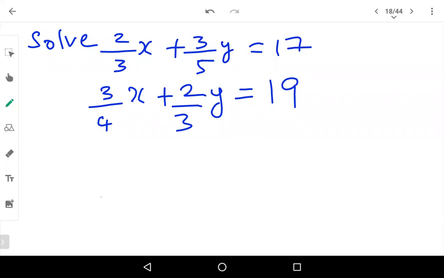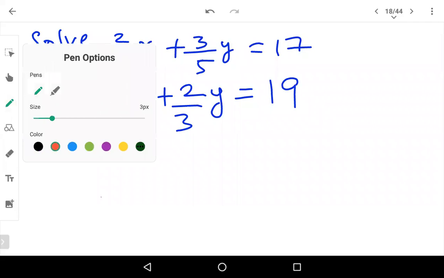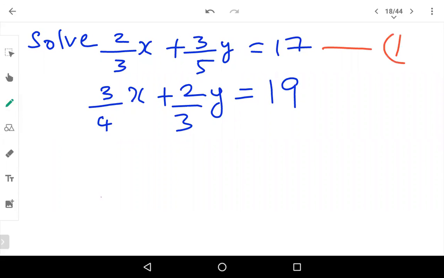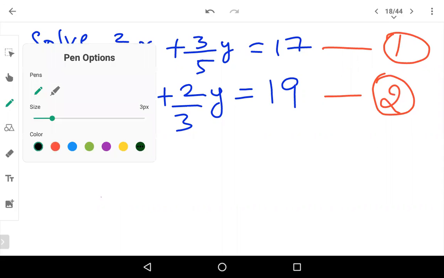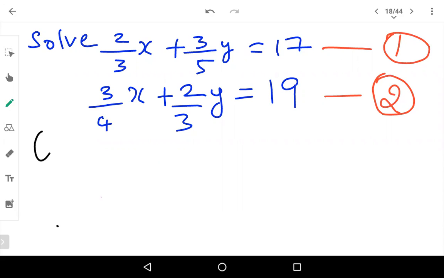So firstly, we are going to consider this to be equation 1 and this will be equation 2. After that, we have to consider each of the equations. Consider equation 1 and simplify.